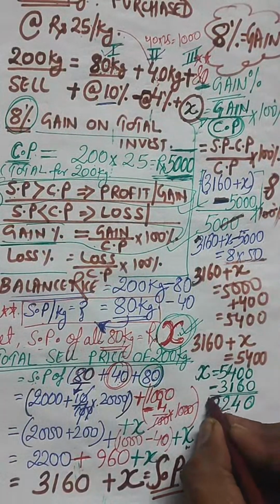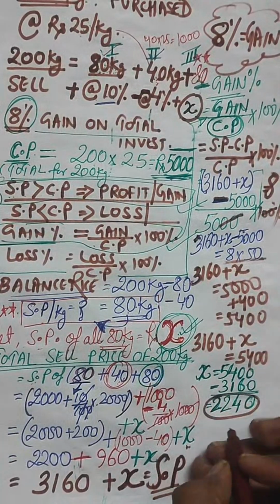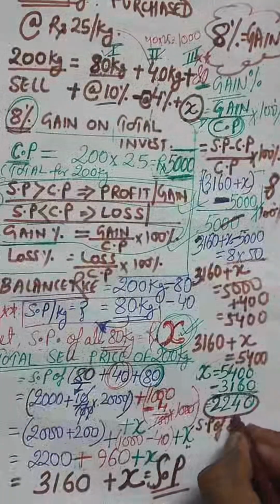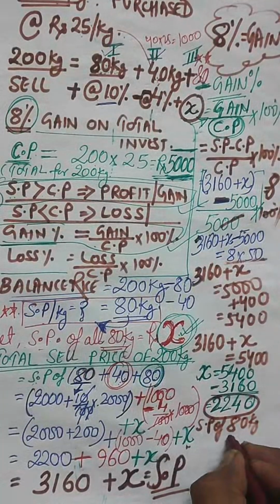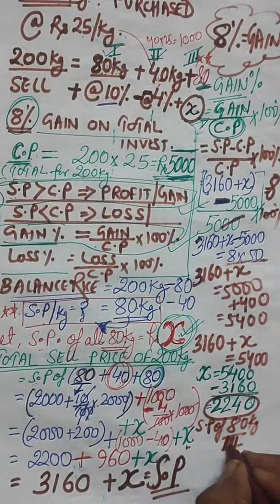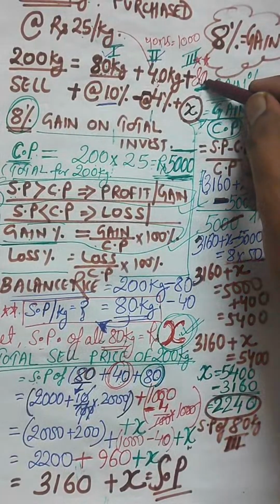So this is the sale price of 80 kg. The third part, mind it, the third part.